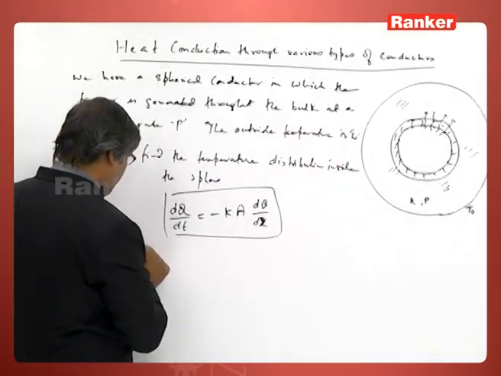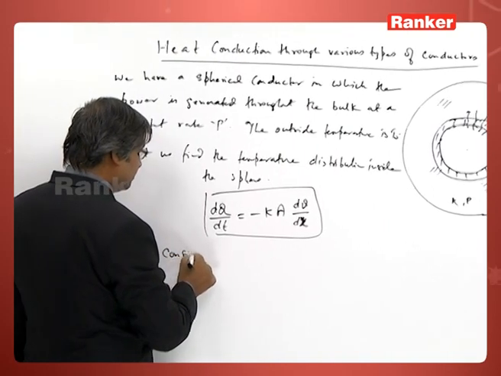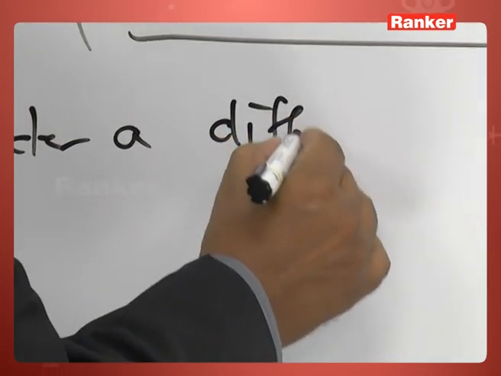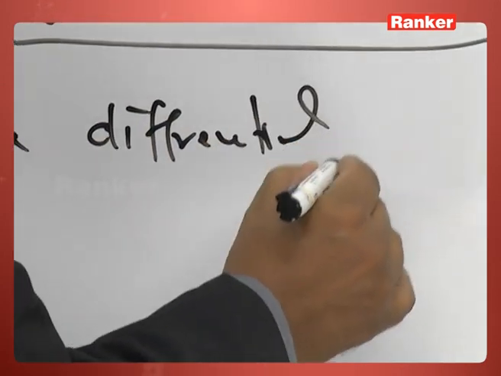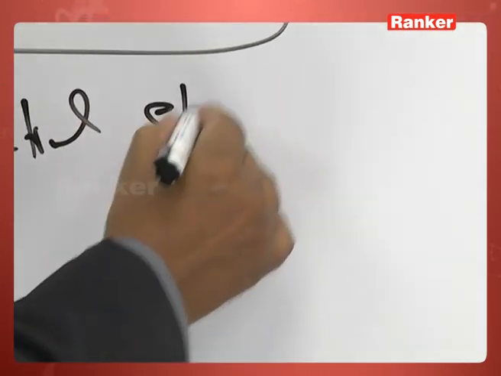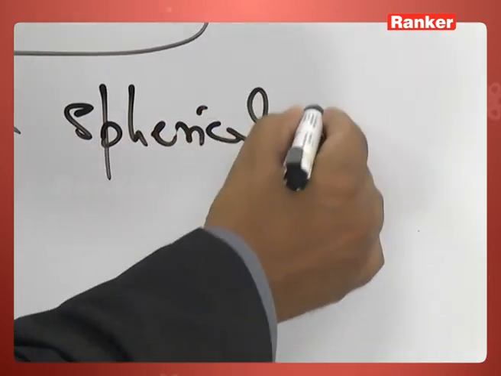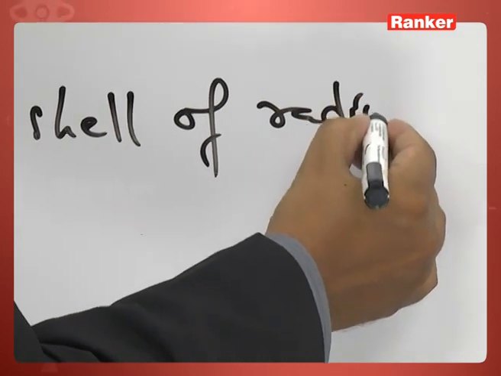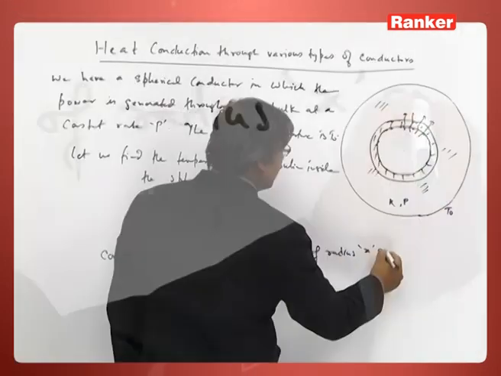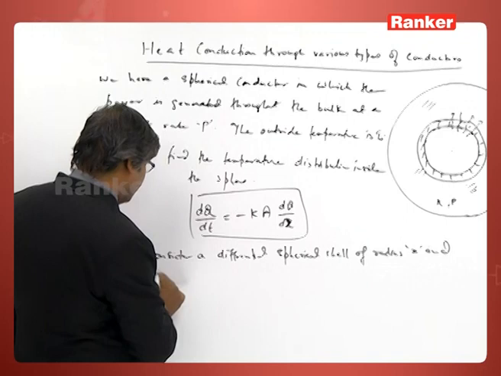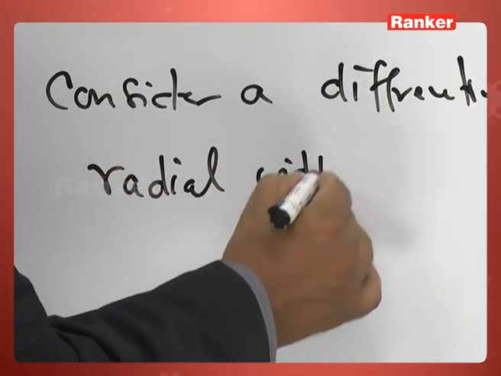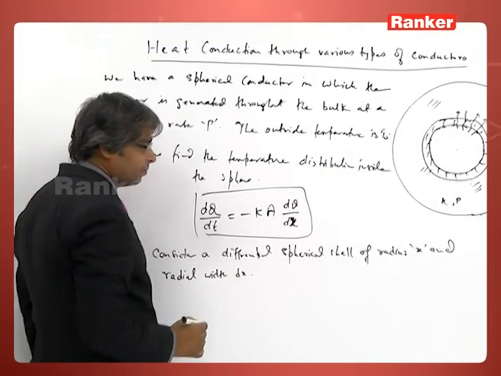So, what we do, consider a differential spherical shell of radius x and radial width dx.